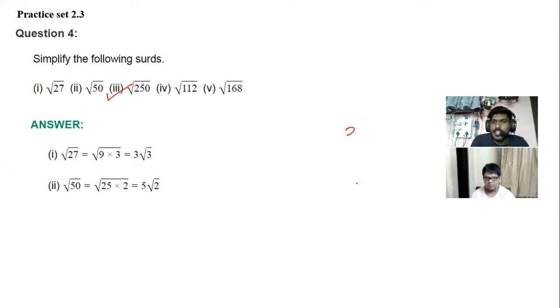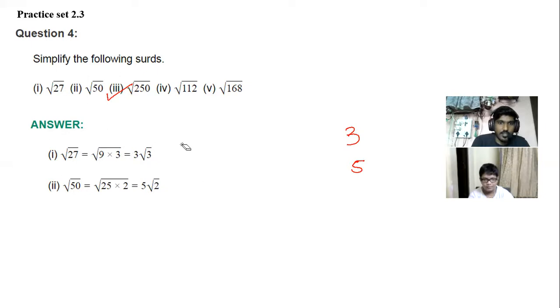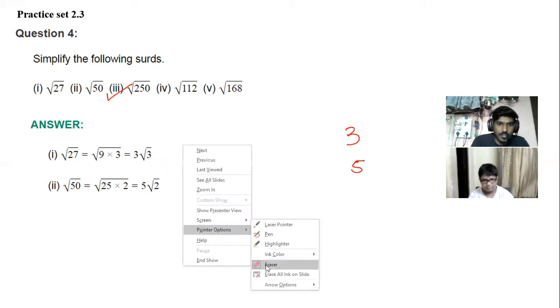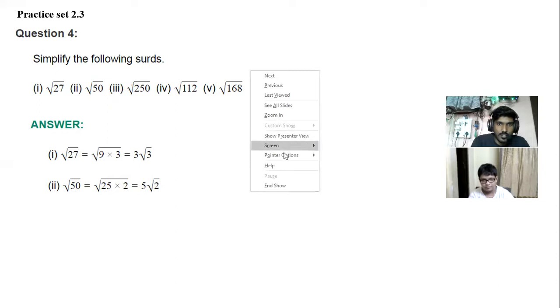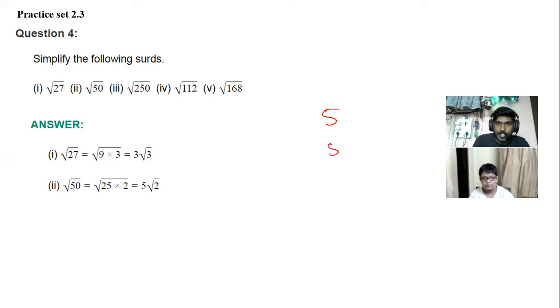You have got 3, then 5, 5, and 1. Then I got triple 5s. So it's 5, 5, 5, and 2 also. Correct. So make a pair first of 5.